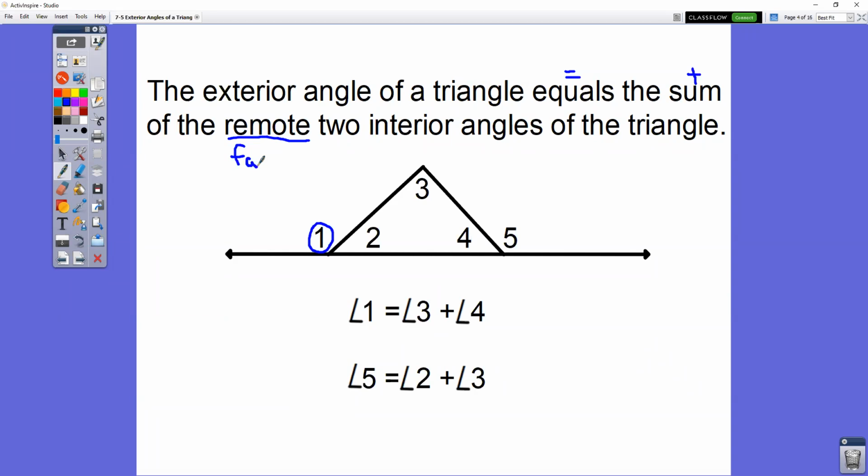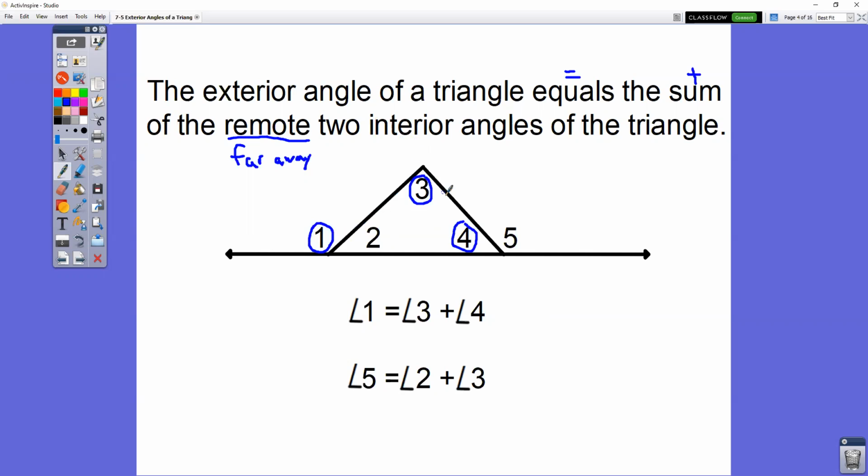Remote means far away. So what we're talking about in this picture is if this is the exterior angle that we're looking at, angle 1, the two remote interior angles are 3 and 4. Those are the two that are farthest away from this angle number 1.